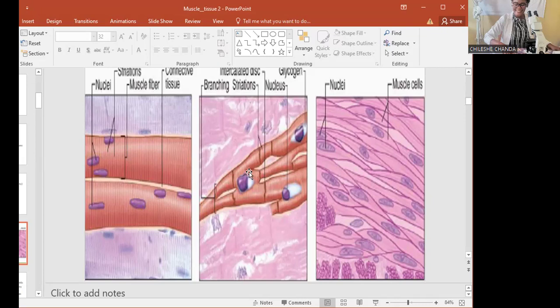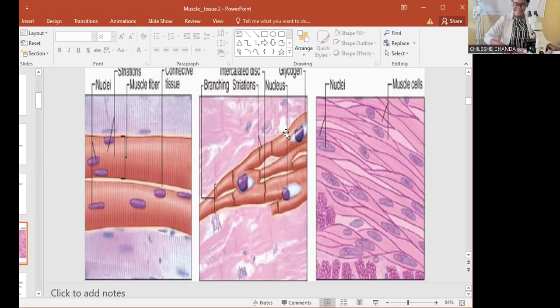This is one muscle fiber, this is one muscle fiber, this is one muscle fiber, but along the way you will see that they appear branched. Now, at the point where each muscle fiber is ending, there is going to appear a line, and this line is known as an intercalated disc.